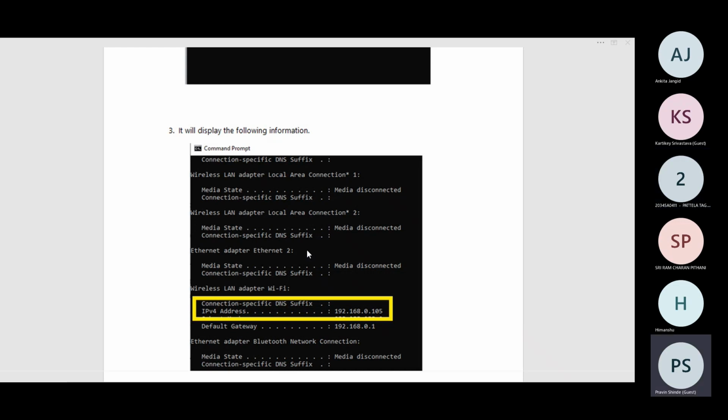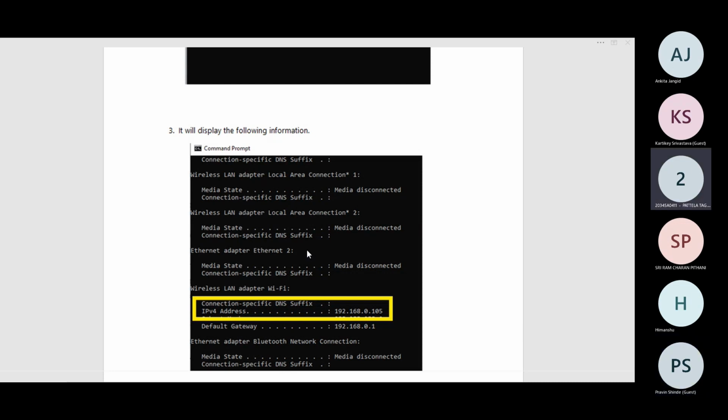So you need to understand which is the private IP and which is the public IP. The Wi-Fi devices' IPs are private IPs, your local IPs, and these other IPs are your ISP public IP. So they are different. Is the point clear about public IP and private IP? Yes, sir.